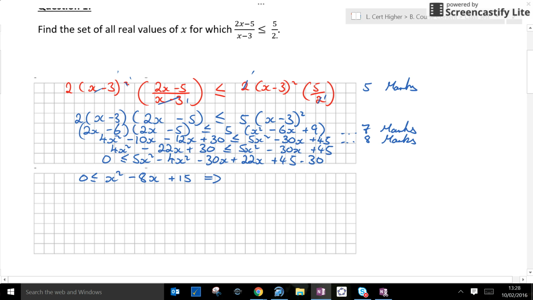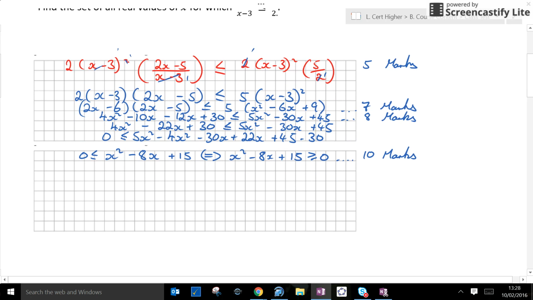This is the same thing as saying x squared minus 8x plus 15 is greater than or equal to 0. We just reversed the order. If you got here, you got 10 marks out of a possible 15 for the whole question.